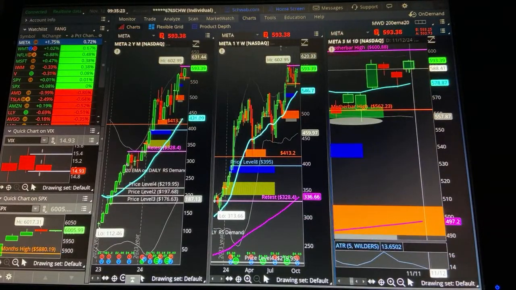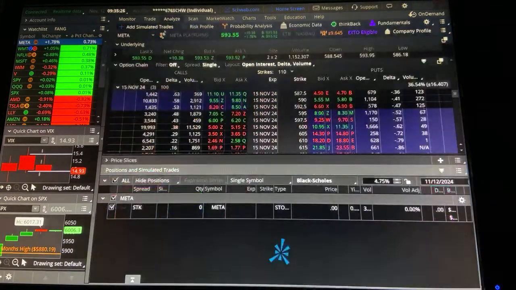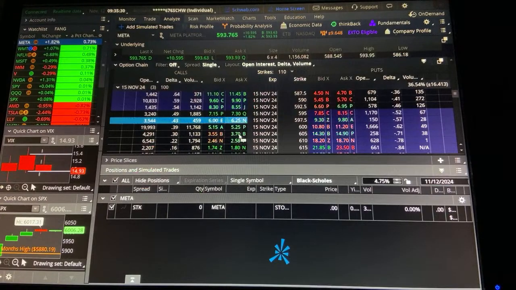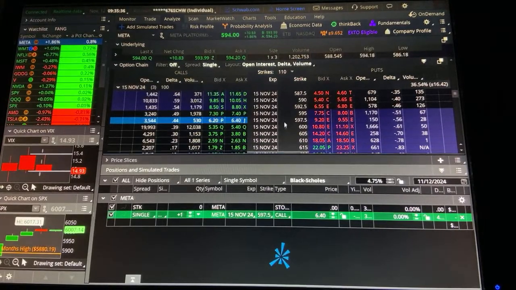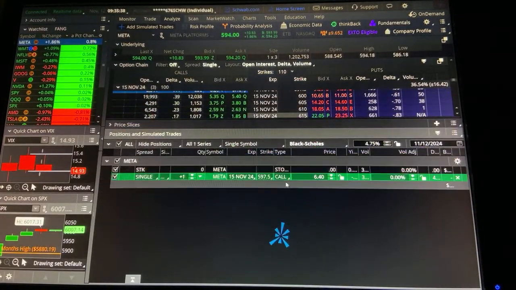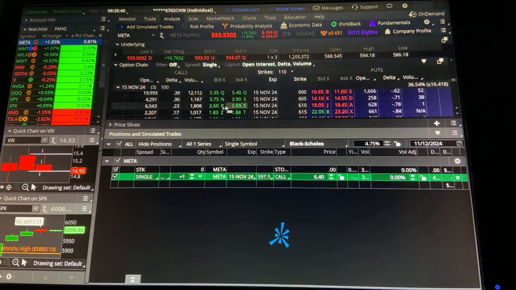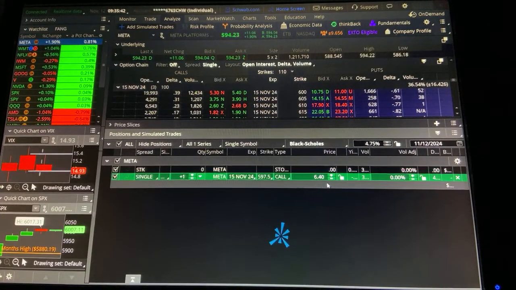Decent little outside gap. So if you picked up, say, the 597 halves, those are going decent there for a day trade here. 597 halves here. Delta, it's going for 640.